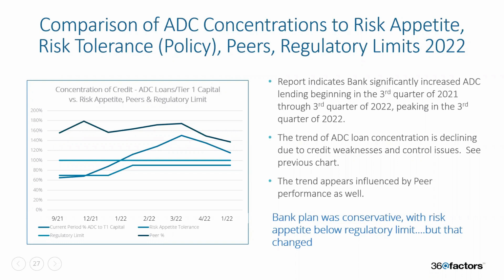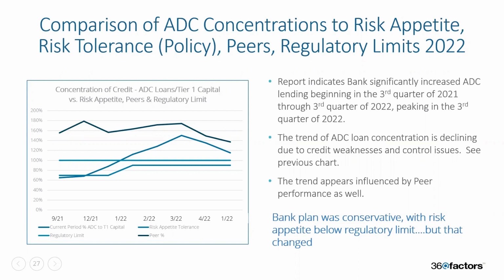You can see what our risk appetite tolerance is. That's that staggered line at the bottom. So we moved our risk appetite closer to the regulatory limit. But you can see our peers were not growing as quickly as we were, and they started pulling out of that market all about the same time we did. So that validates our decision to start moving away from that market.